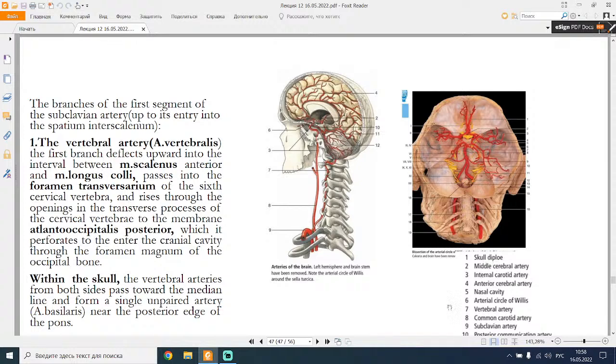The branches of the first segment of the subclavian artery.